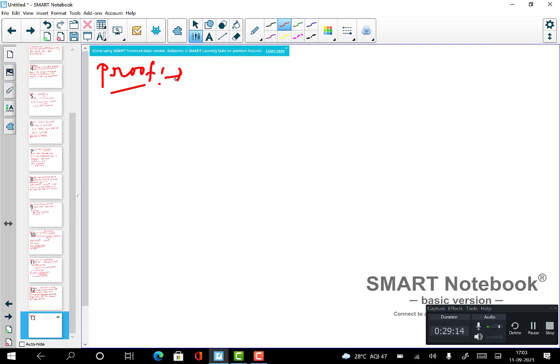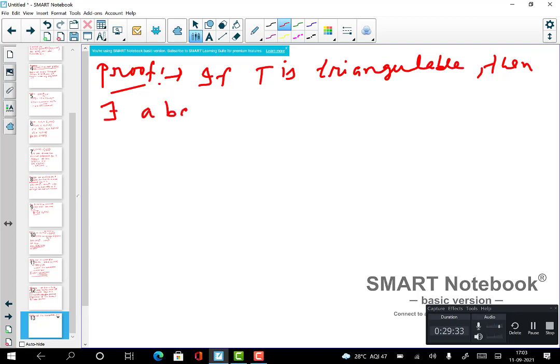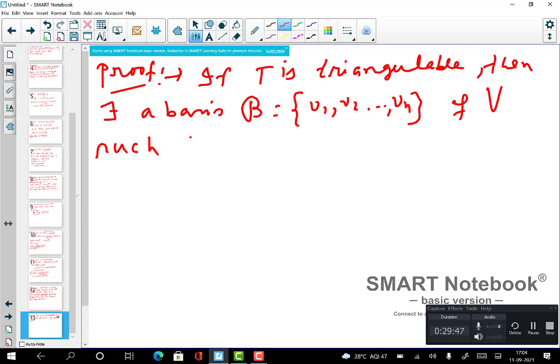If T is triangulable, then there exists a basis, by definition, say B of this form, v1, v2, ..., vn of the vector space V, such that the matrix representation of T with respect to this basis B will be a triangular matrix.